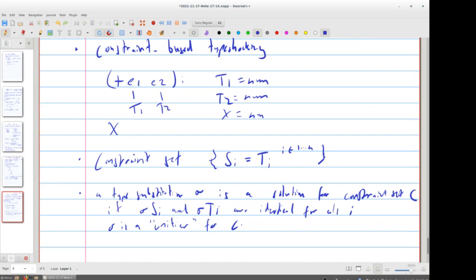And then if we can find a unifier for this constraint set, then the term is well typed. The unifier is a type substitution, and so the type of the term will be what you get from applying the unifier to the type that the algorithm returned, because it could contain a bunch of type variables. But this is the basic idea for doing type inference.